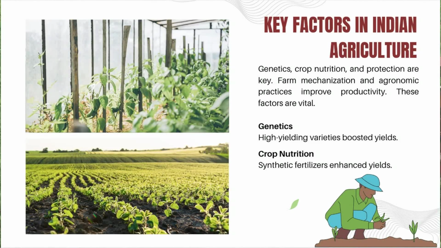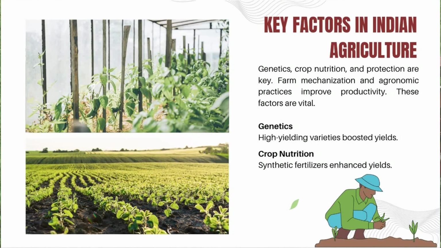First one is genetics. Genetics means certain breeding programs to develop high yielding varieties, high yielding dwarf varieties, like, for example, in case of wheat and rice during the Green Revolution, which actually boosted nutrient absorption as well as crop yields.